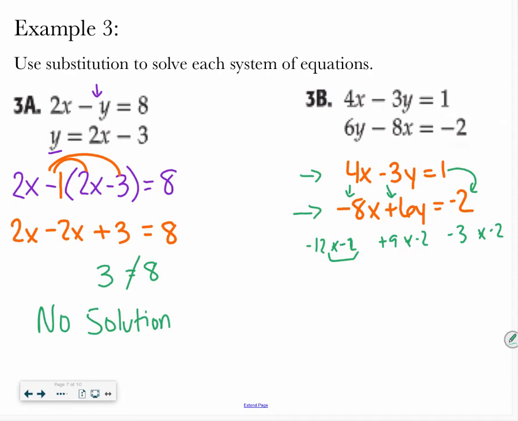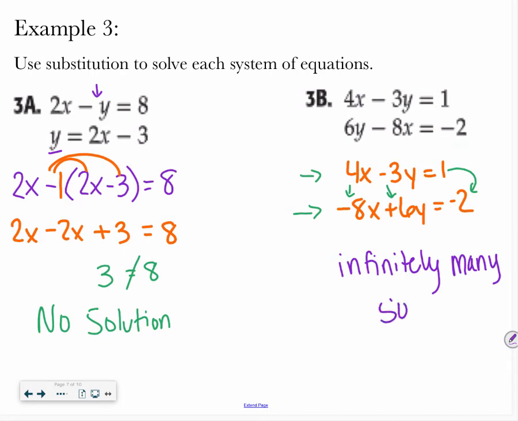So notice you can multiply all of these numbers by negative 2 and end up with that second equation. What that means, whenever you can do that, no matter what, if you're multiplying by the same number every time to get to the next equation, that is infinitely many solutions.